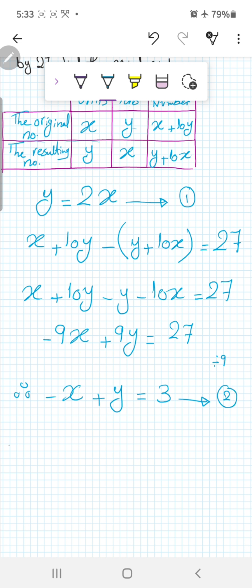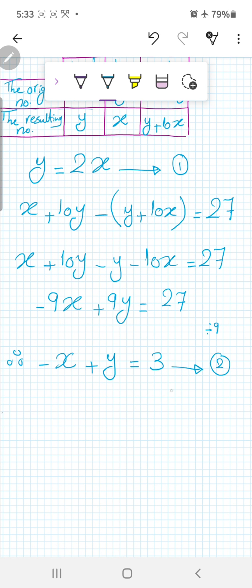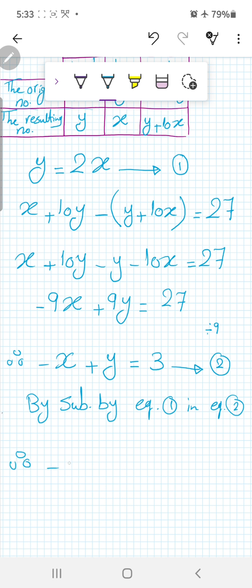Okay, we want to solve 2 equations together by the omitting method or the substitution method. Here we solve by substitution. Why? Because here we have the value of y. So cancel y in equation 2 and write 2x. So by substitution of equation 1 in equation 2 we get negative x plus, remove y and write 2x, equals 3.